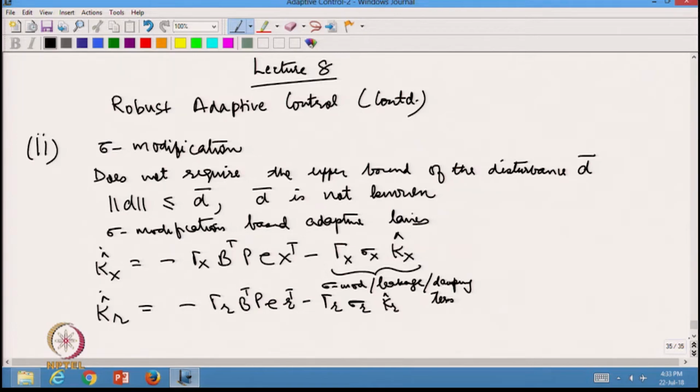So, what do you think this term can do? If you look closely, this term consists of sigma x and sigma r, which are positive constants, and it also includes k x hat. So, this is k x hat dot, and then we have a minus k x hat. This term has a damping effect on k x hat. This can also be thought of as a stabilizing effect on the k x hat dynamics.